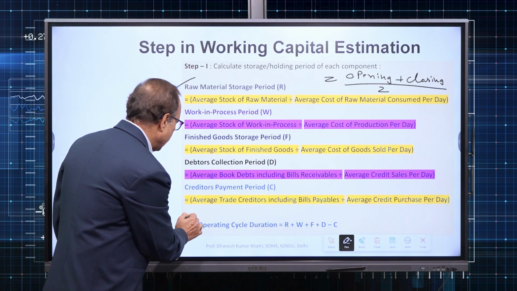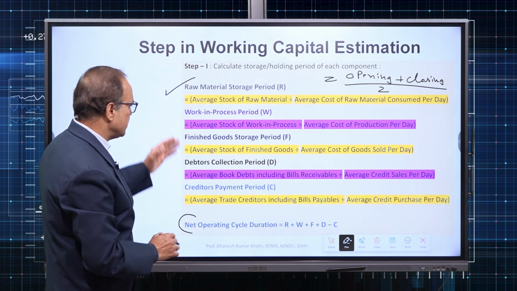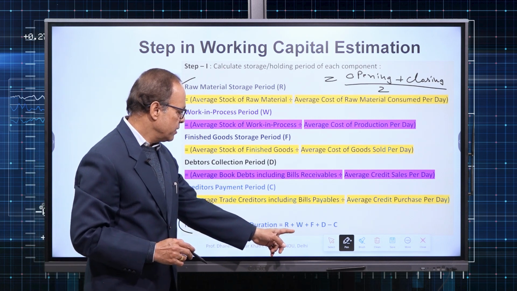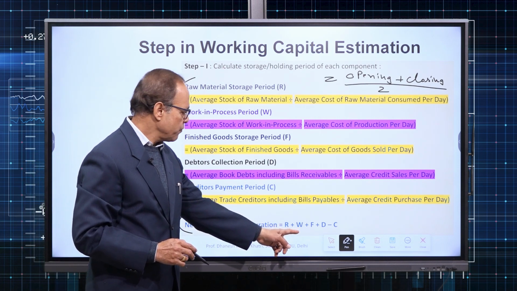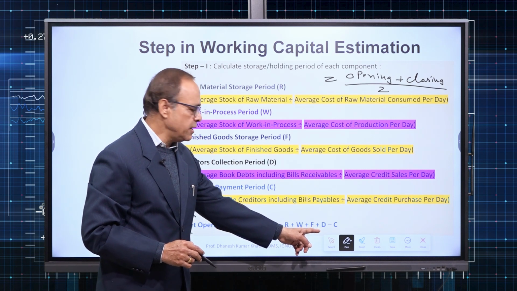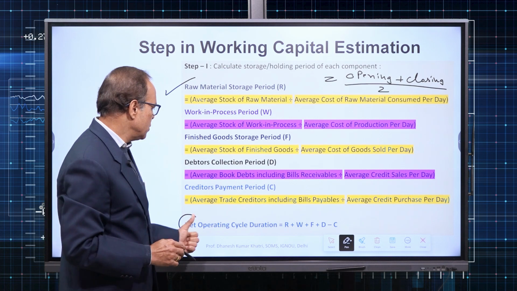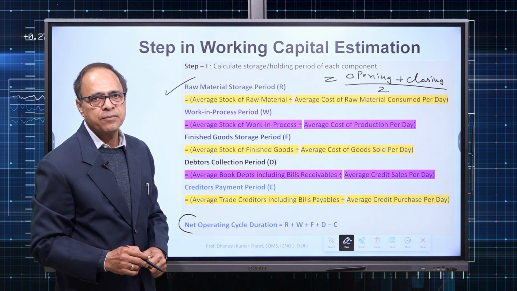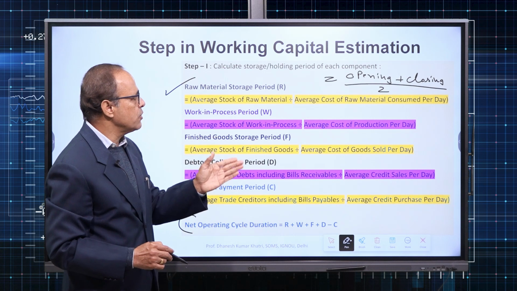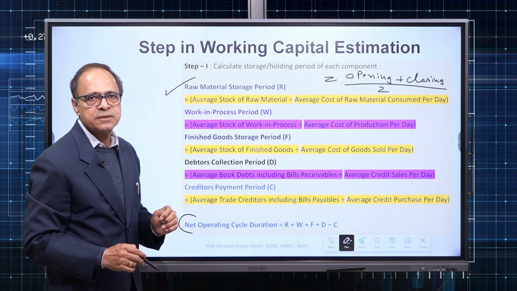Now, the last part, net operating cycle duration: add up the first 4 components, raw material storage period, WIP period, finished goods storage period, average debt collection period, minus average payables period, and you will get the duration of net operating cycle. So, the first step is to calculate the duration of net operating cycle by calculating these elements.